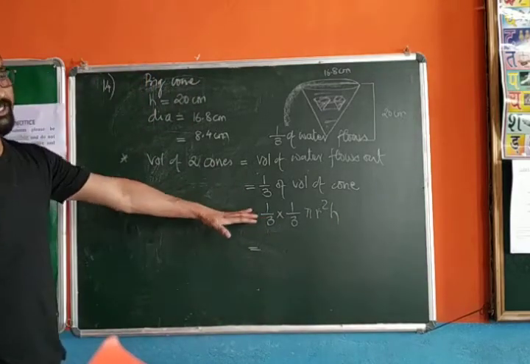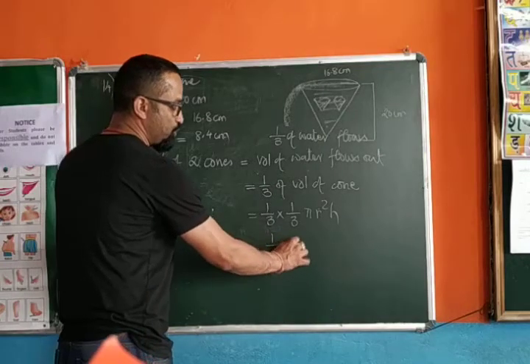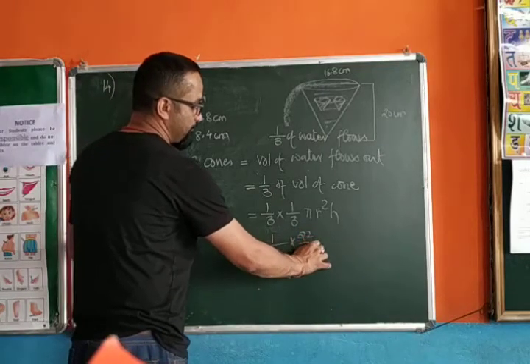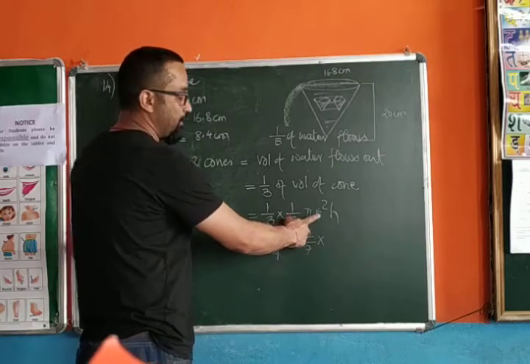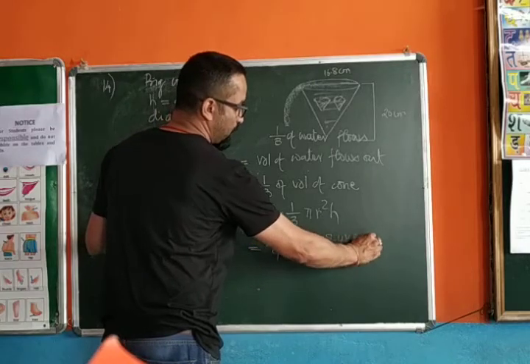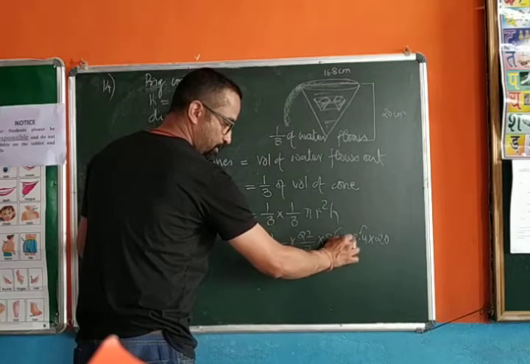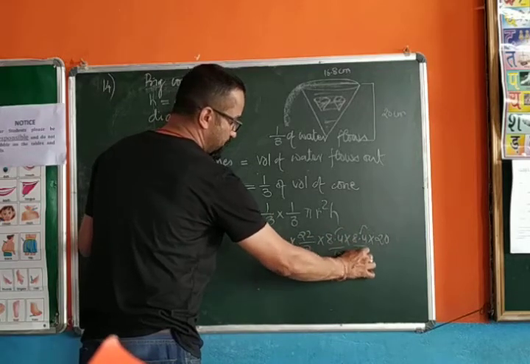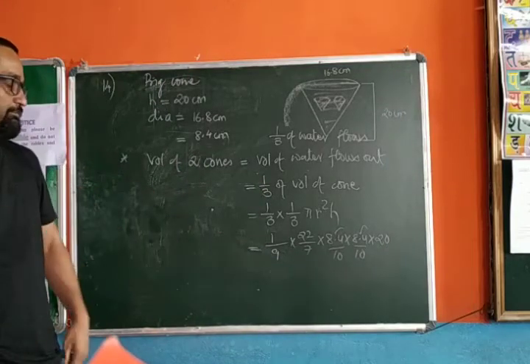After writing the correct formula, you need to simplify it. 1 divided by 9 into 22/7. This is the value of pi. Radius is 8.4, and height is 20. Remove decimals from these two numerators, add 10 at each denominator.